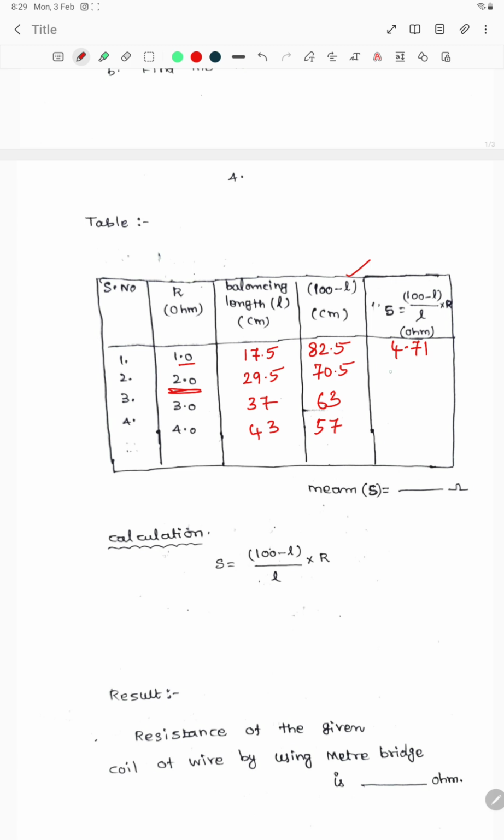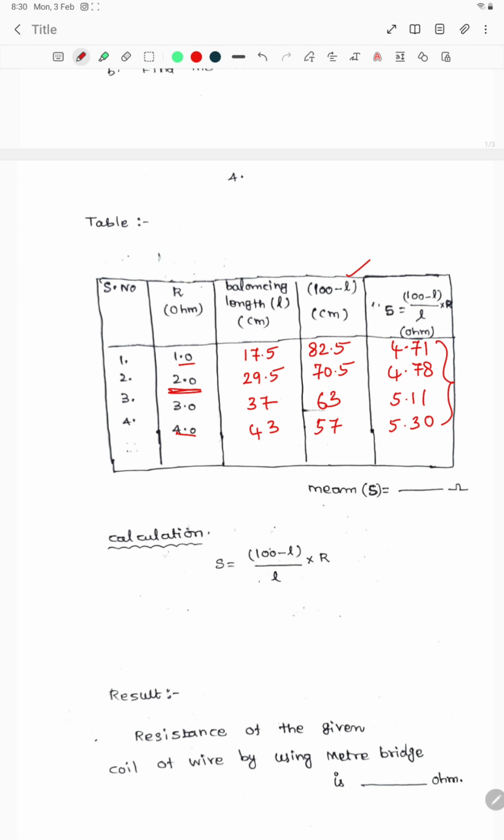That will be 4.78. Make sure to round off to 2 decimal places. Then you have 63 divided by 37 multiplied by 3. That is going to give me 5.11, and 57 divided by 43 multiplied by 4 will be 5.30.